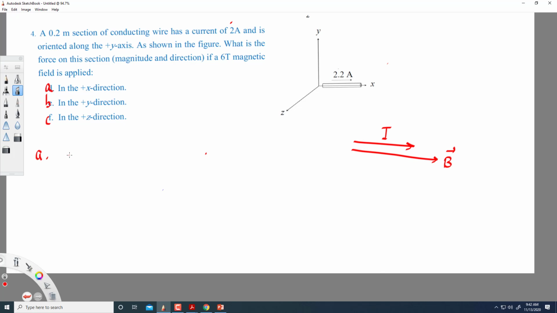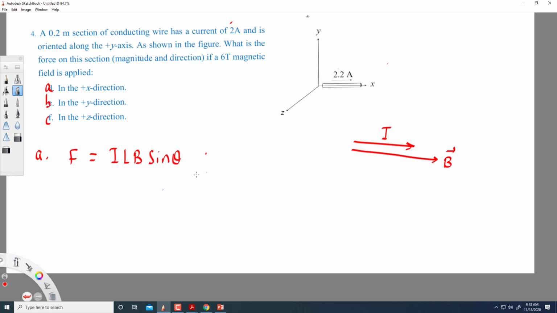So we know force is I L B sin theta, and theta is the angle between I and B. So what's the angle between I and B in this case? Is it 90? 0, yes. So they are parallel, right? Same direction. So the angle is 0.